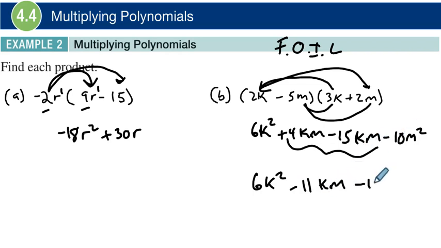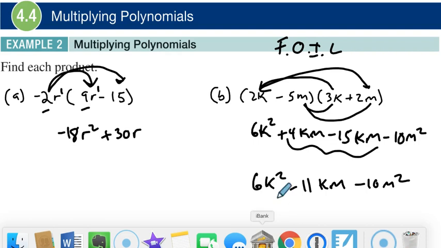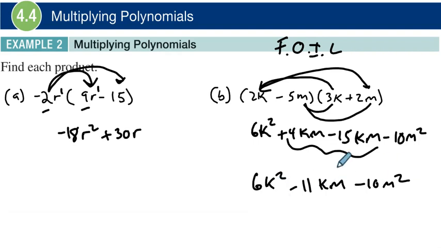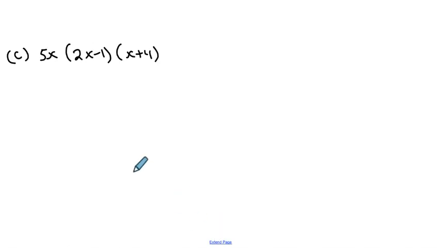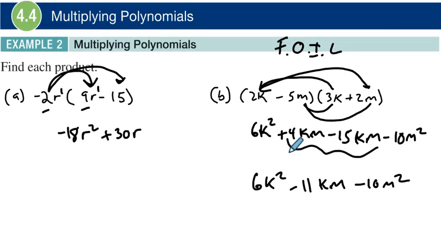And then we have minus 10m squared. Notice that we can't combine anything else here because they don't have a common variable and common exponent.